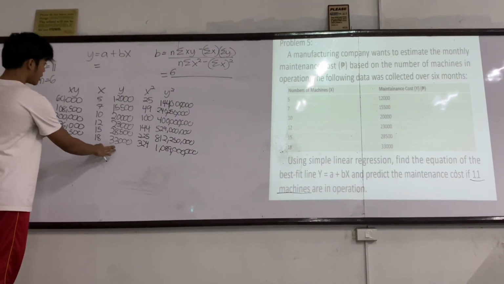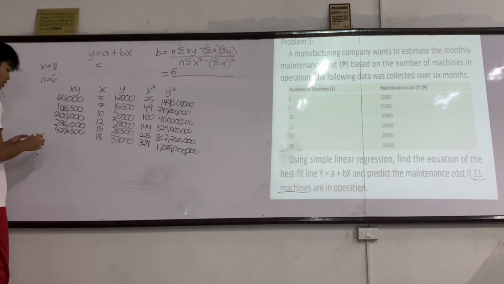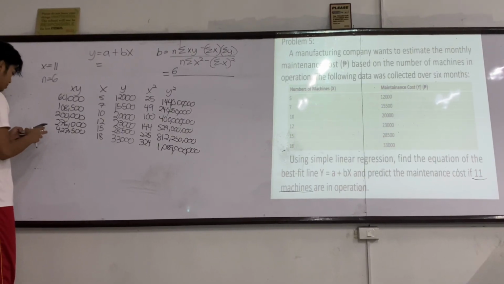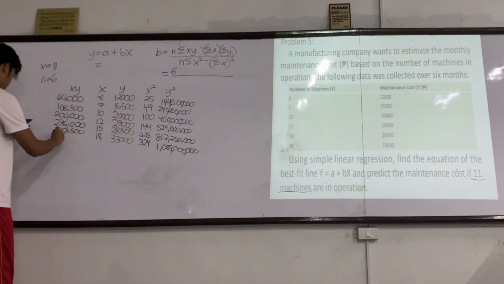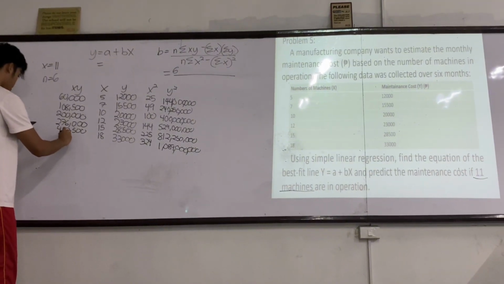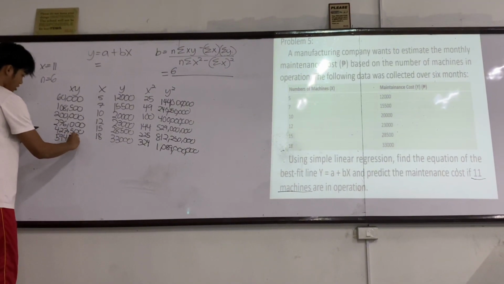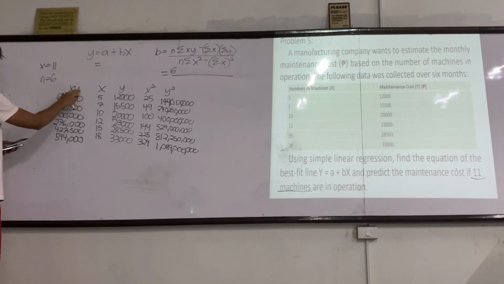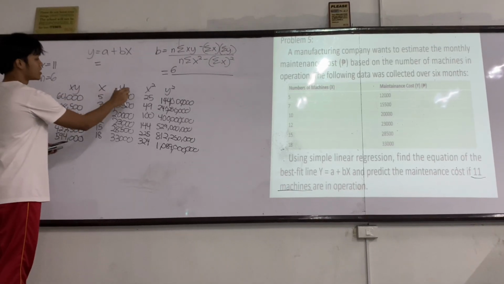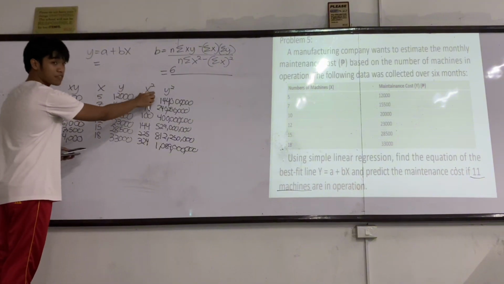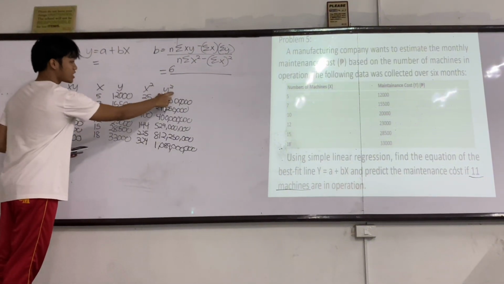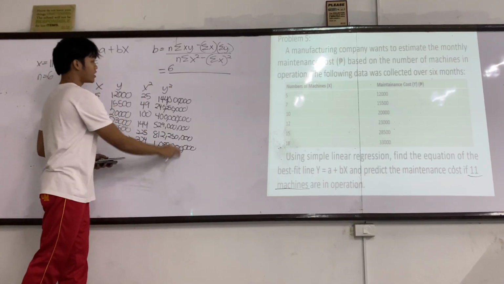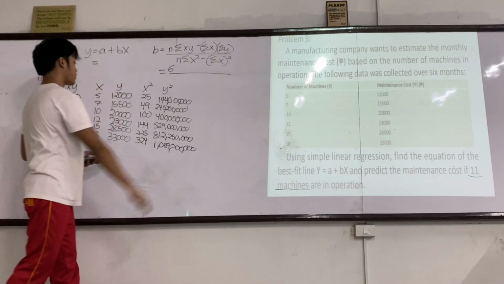And lastly, 18 times 33,000, we have 594,000. And then we need to get all the summations of x, y, summation of x, summation of y, summation of x squared, and lastly, the summation of y squared in order to put the values in the equation.